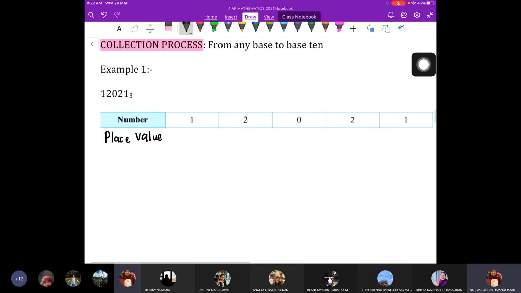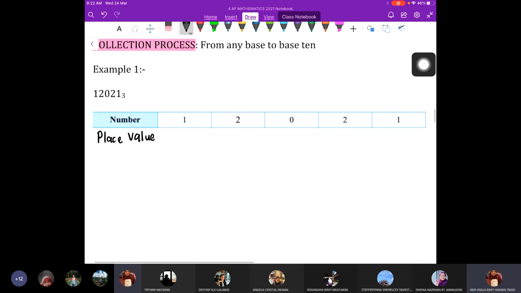Okay, so place value dia akan start dengan belakang sekali. So base 3 power 0 dia akan start. And then base 3 power 1, base 3 power 2, base 3 power 3, base 3 power 4. So that is our place value.